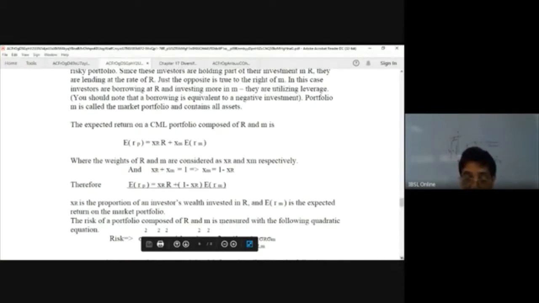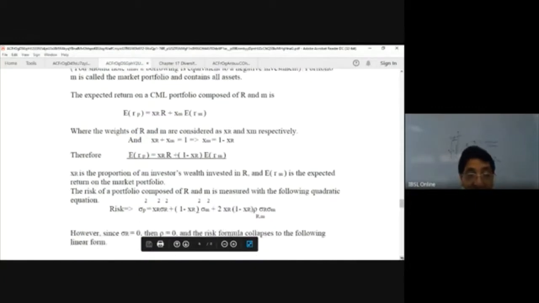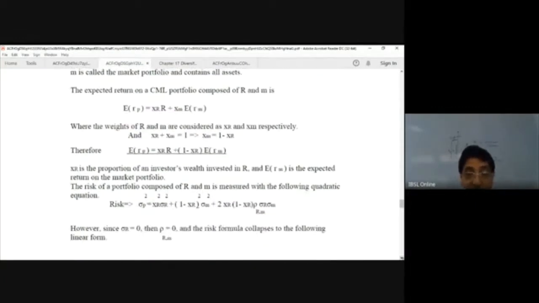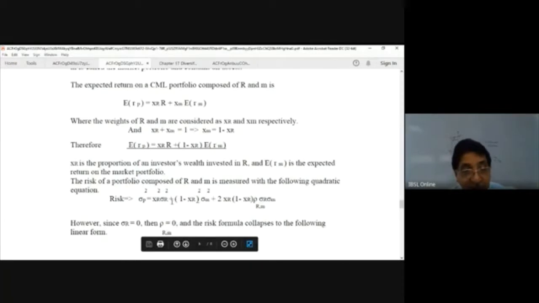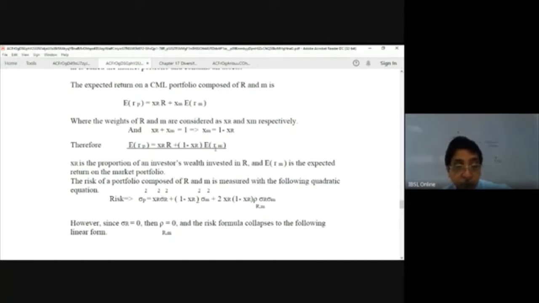Now, I will explain it on the board. Now, you can just look at it. You have two sets of assets. One set of assets are risk-free, other set of assets are risky.